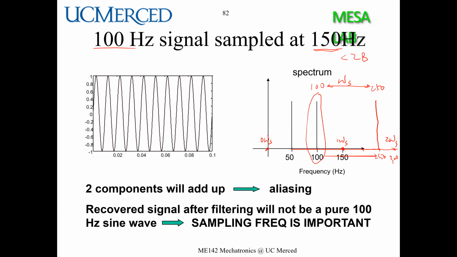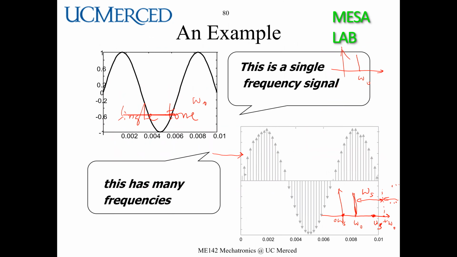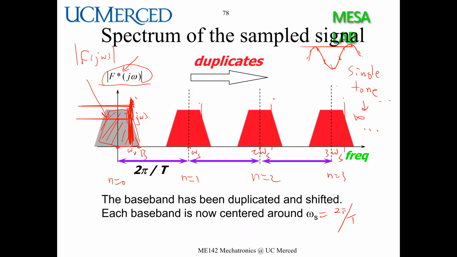Okay, makes sense? On the other hand, remember here, I'm duplicating the whole shaded area symmetric to minus. So when I have omega 0, I should have a minus omega 0 in here.